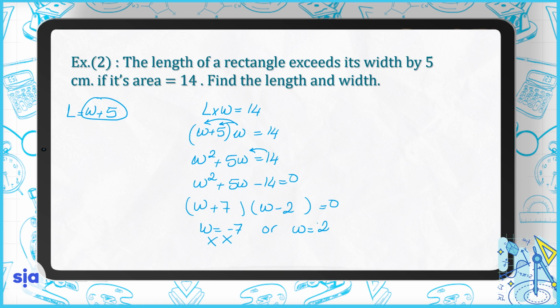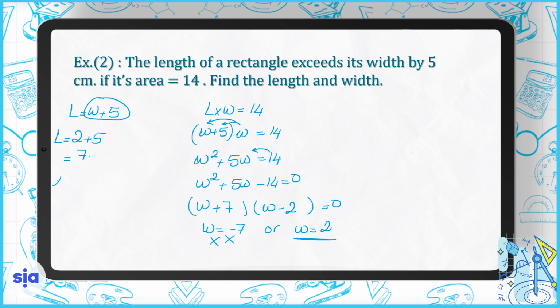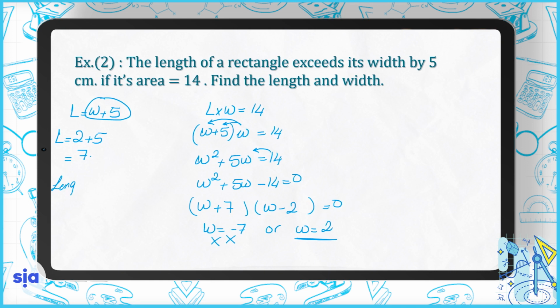So the width is 2. How can we find the length? The length equals the width, which is 2, plus 5. So the length is 7 units. So we can write the length is 7, where the width is 2.